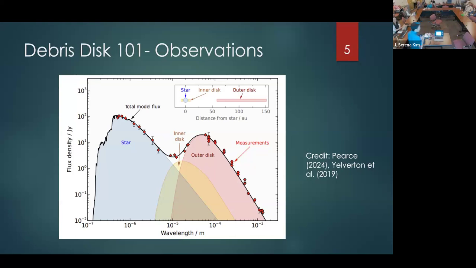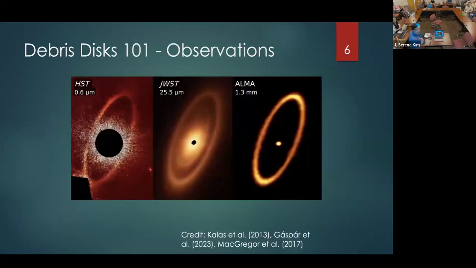Now, these indirect measurements are really good for building a sense of the general population of these types of systems. But what I'm really interested in is the actual structure, the belt-like structure of these systems. And to get at that, you really get the most clear picture from doing resolved imaging.